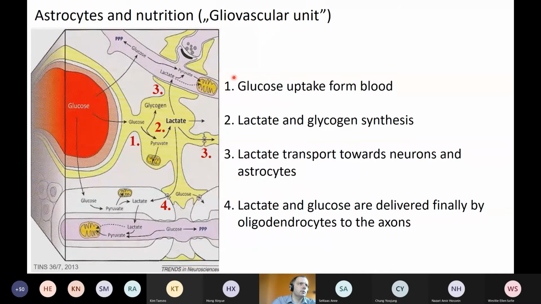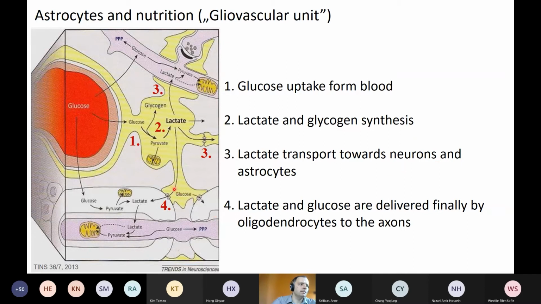So these glucose molecules are picked up from the blood and in a form of lactate and other molecules, it will be then transported from glial cell to glial cell. And the glucose may be stored as glycogen for a shorter period of time. The lactate is transported to the neurons, and this is how the neurons are fed.